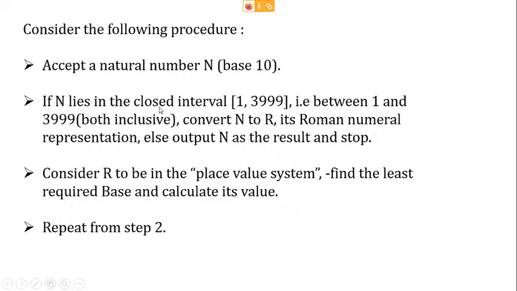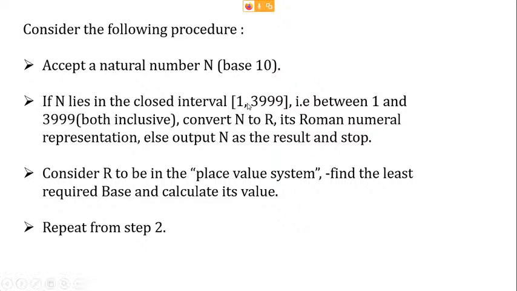Between 1 and 3999, both inclusive, convert n to r. What is r here? R denotes Roman numerals. Its Roman numeral representation is output as the result and stop. Let me read this again to make it clear. From the user you accept the n value of base 10, a decimal value.